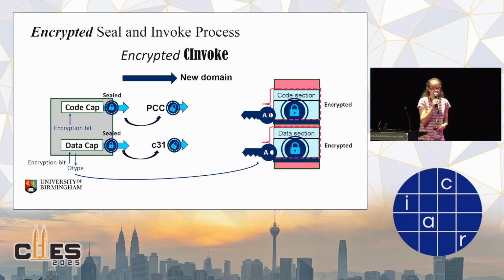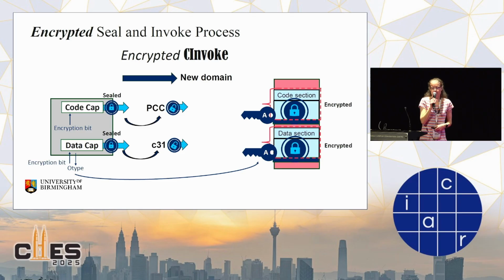Now we're going to do the domain transition to the secure enclave region. Here we look at this encryption bit to decide whether we are dealing with encrypted capabilities. If we are, we take the otype and retrieve the encryption key.